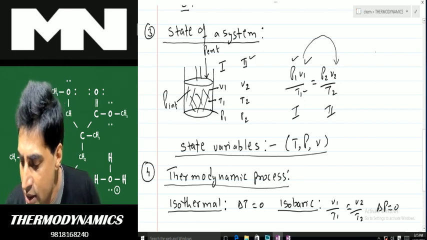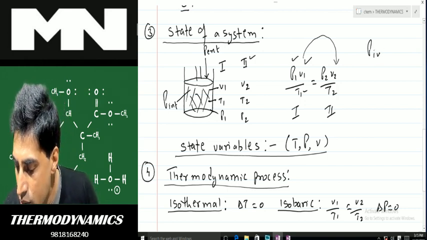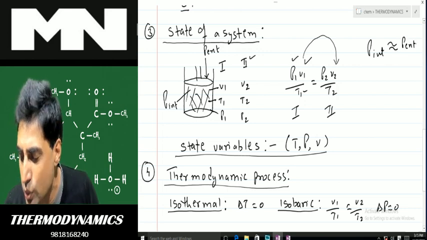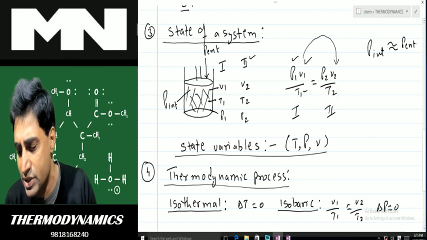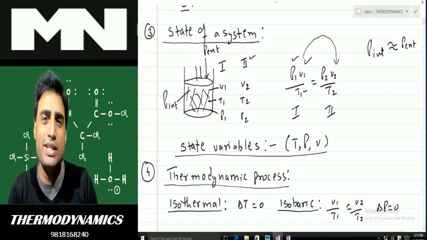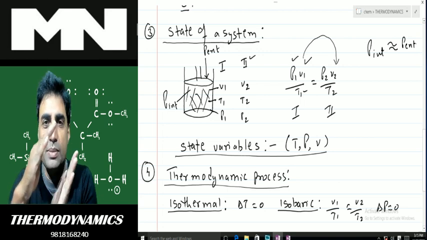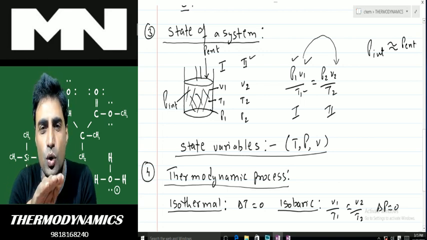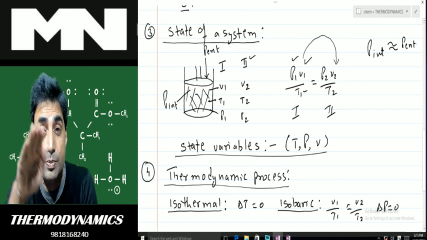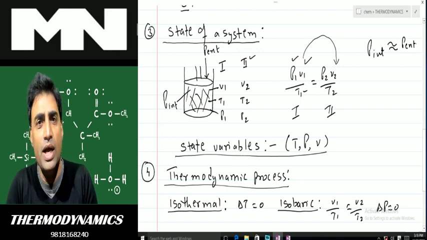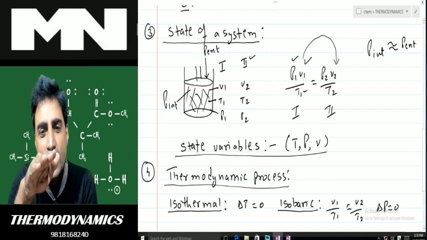The internal pressure is only slightly greater than the external pressure. If it is slightly greater, the gas will slowly expand. The process will occur extremely slowly, because the external pressure is preventing expansion. And it may happen that it expands, then again contracts.